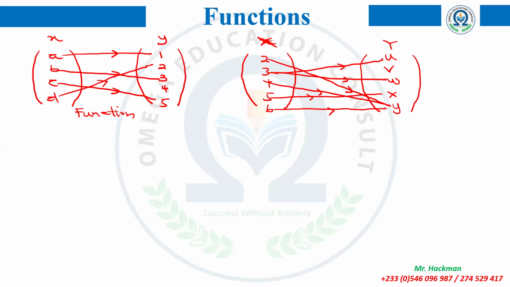For example, 4 is mapping to Y, 2 is also mapping to Y, and 6 is also mapping to Y. Not exactly so. Okay, all right. Maybe prove it. Again, I will come and ask you that question.